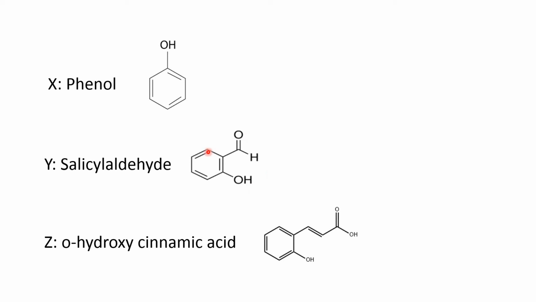This salicylaldehyde has the CHO group attached to the benzene ring. It can undergo Perkin condensation reaction, whereby it can give alpha beta unsaturated aromatic acids, and both this phenol and this salicylaldehyde can undergo this coupling reaction and form the azodye. So this is the end of today's discussion. Thank you.